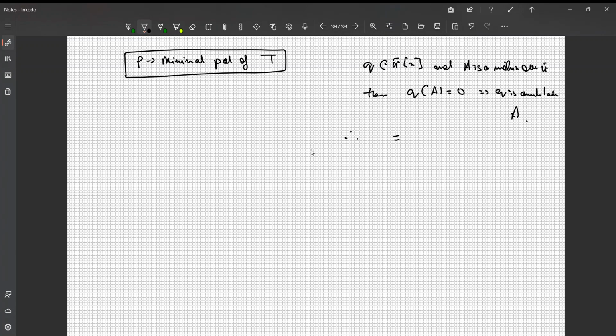So what does the minimal polynomial of a matrix basically do? It annihilates the matrix, and if you consider any annihilator of the matrix, then P will divide that very annihilator, right?